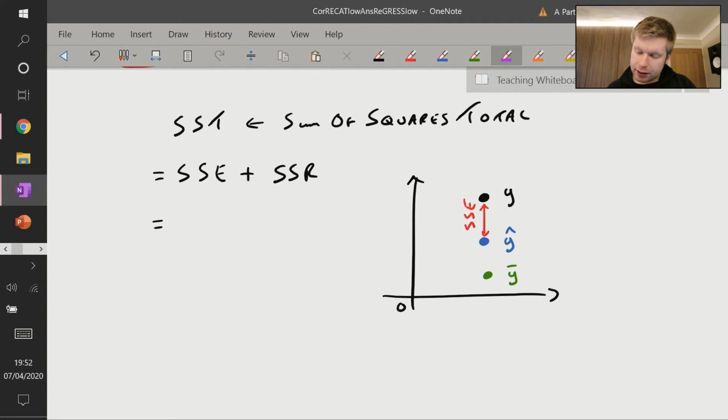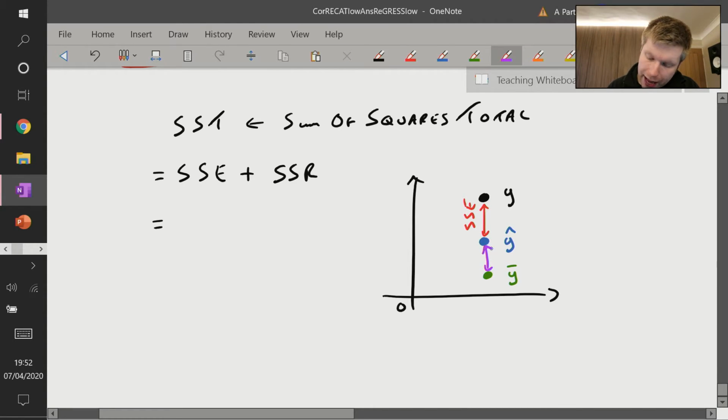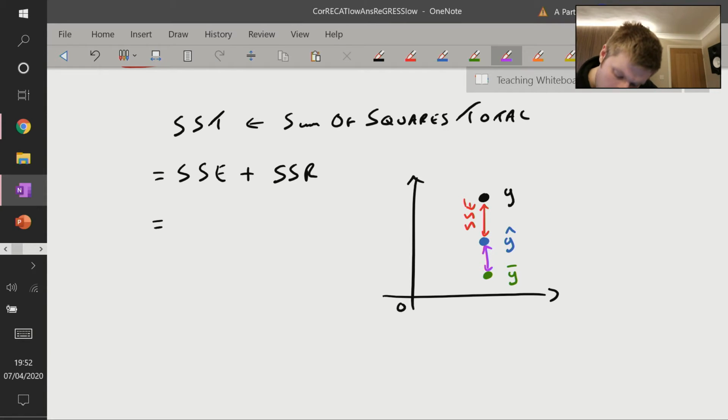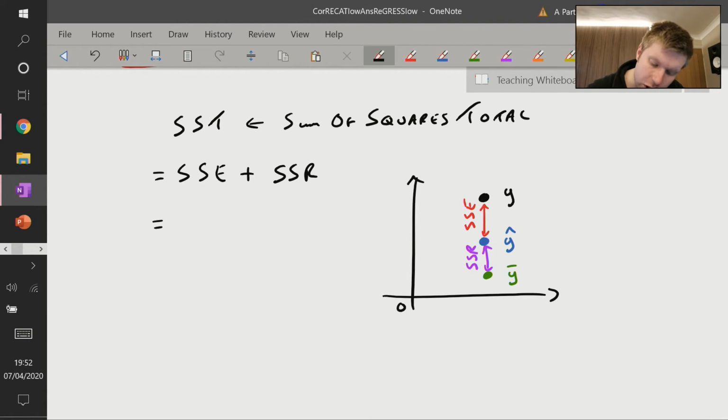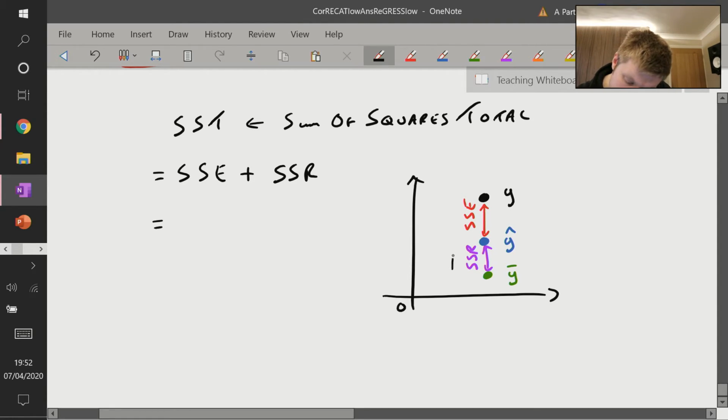Now I've looked at the difference between my estimated, or regression, data value and my mean data value, and I've called that the sum of the squares regression, SSR. Now I'm saying that the total of these two errors is going to give me, guess what? The sum of the squares total.